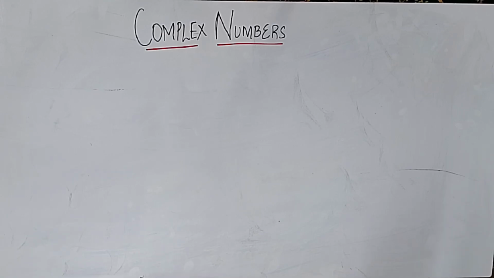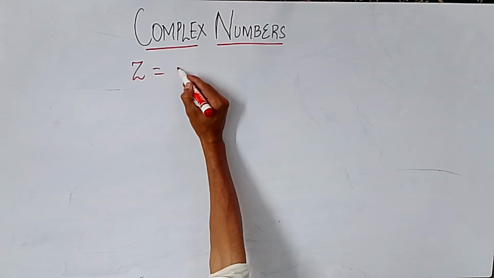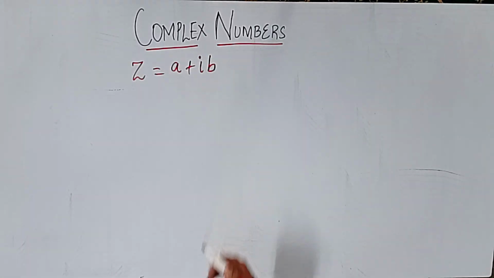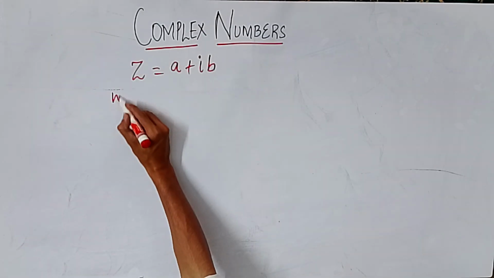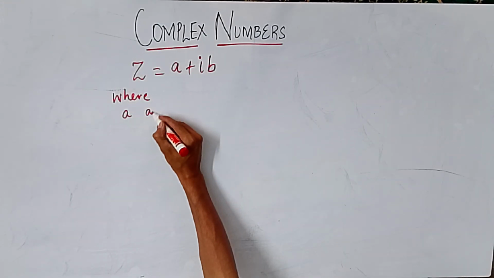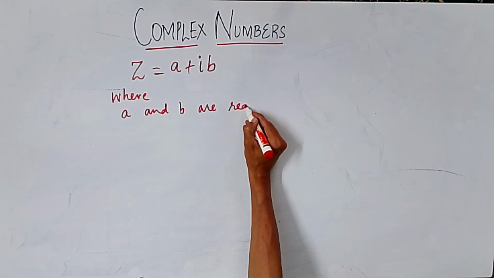So first of all, when we talk about complex number, the general representation of a complex number is z equals a plus iota b, where a and b are real numbers.